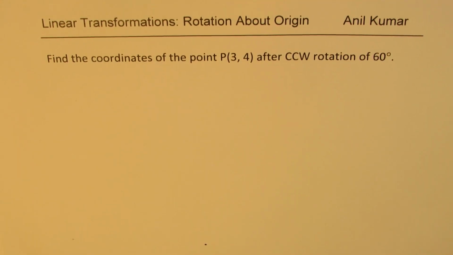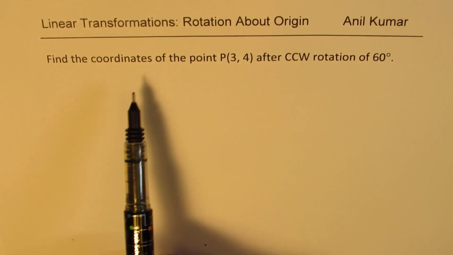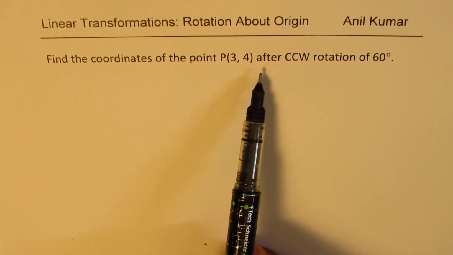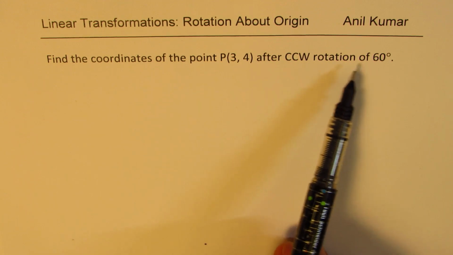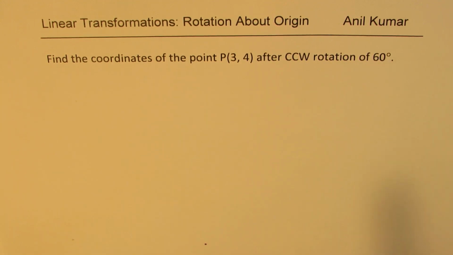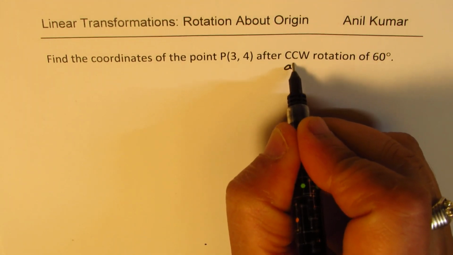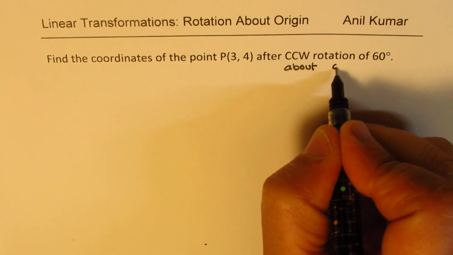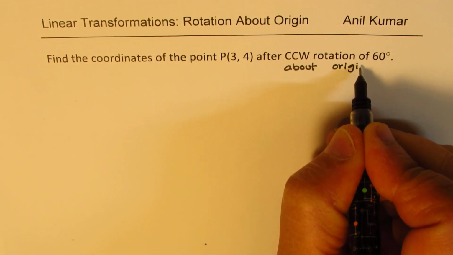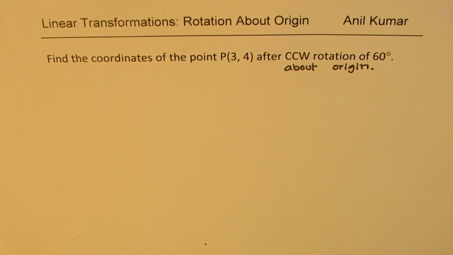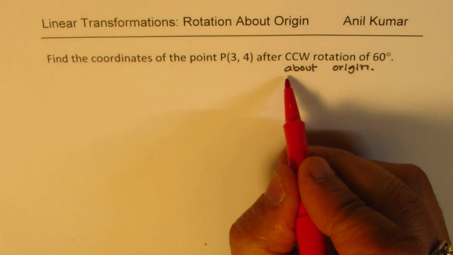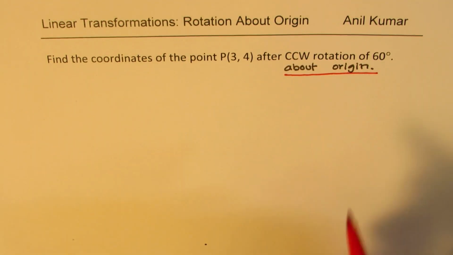So here is a question for you. Find the coordinates of the point (3, 4) after a counterclockwise rotation of 60 degrees about the origin. That is important: when we talk about linear transformations, we keep the origin at the same place.